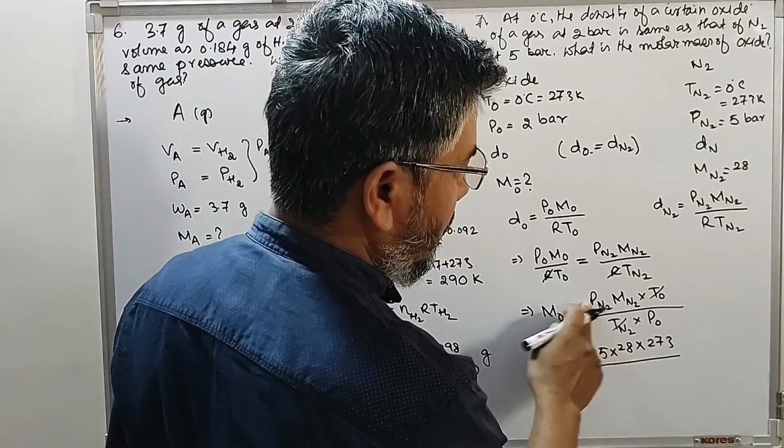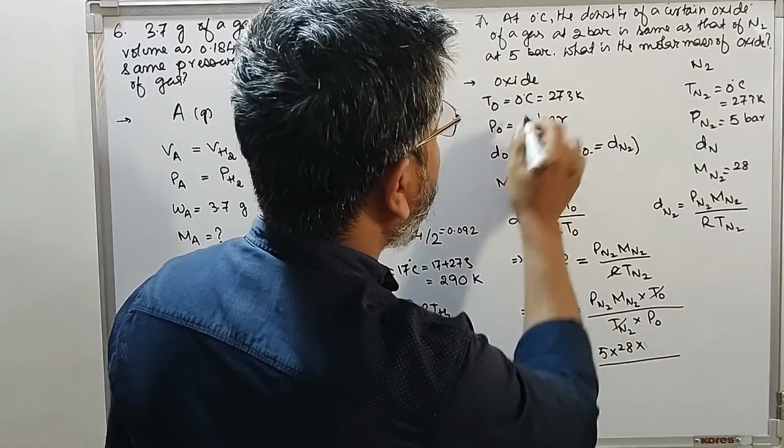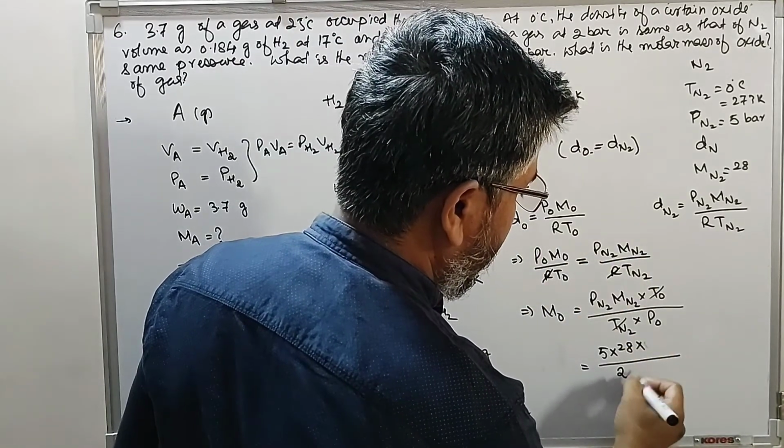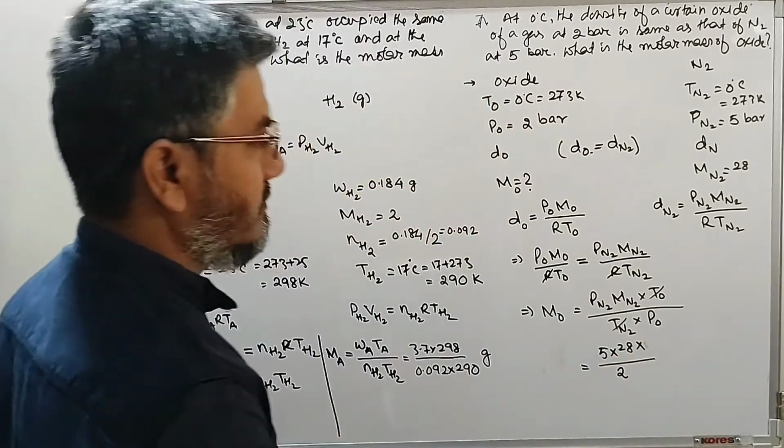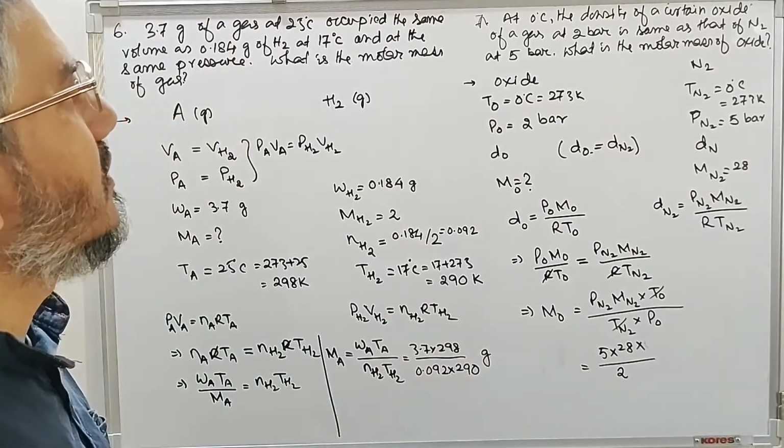So PN2 MN2 divided by PO, which is 2 bar. So this is the molecular mass of the unknown gas.